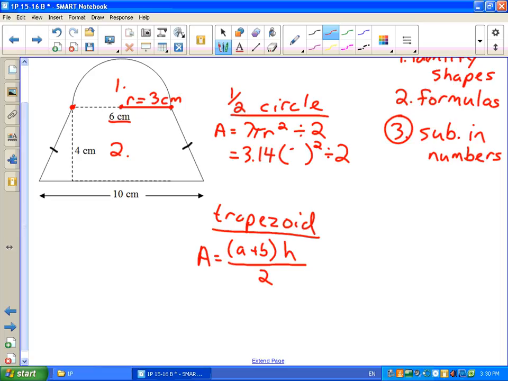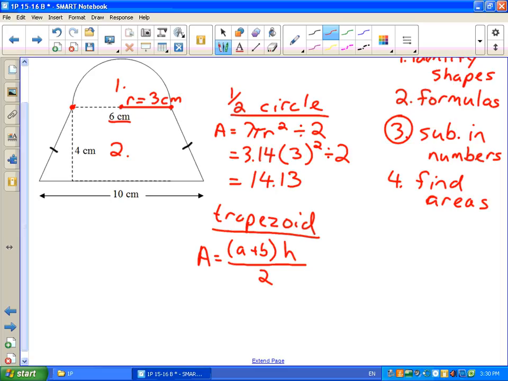I can put 3 in here and work out what this is. That's step 4, find the areas. I punch this into my calculator, and I get 14.13 for the area of my half circle.